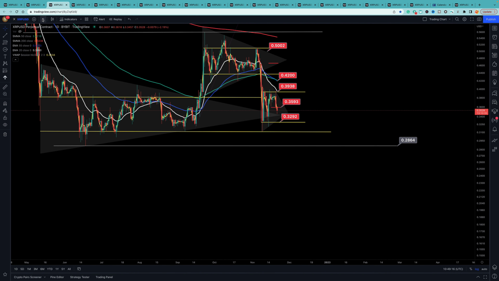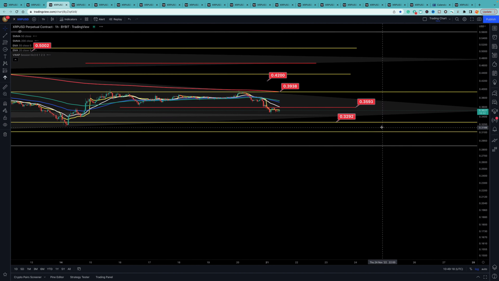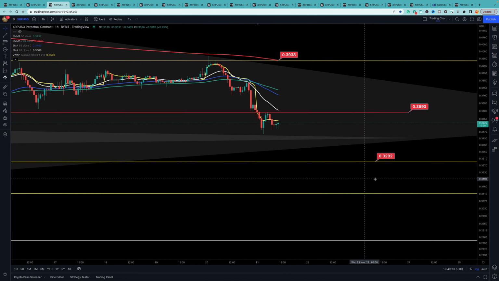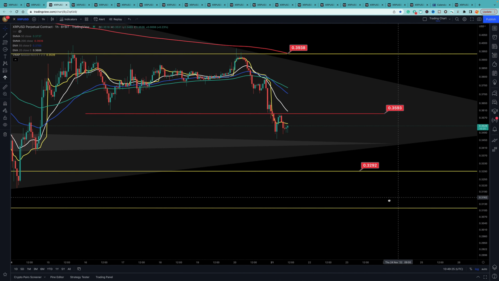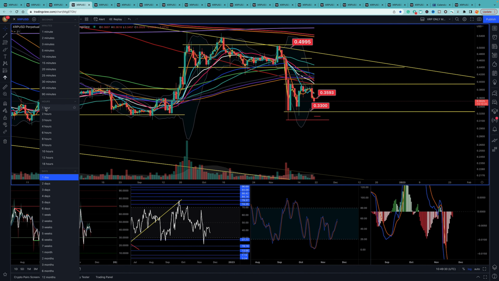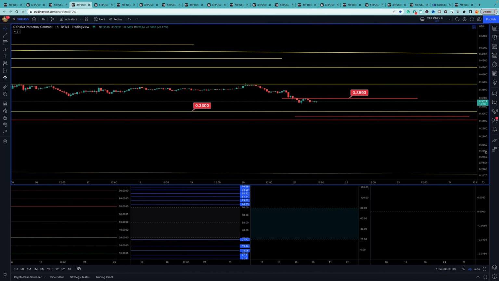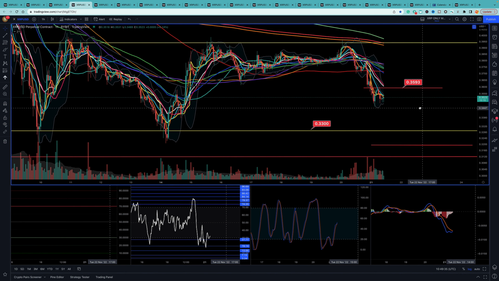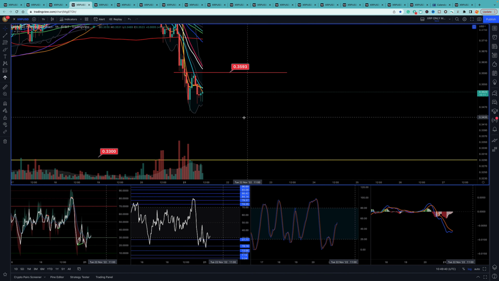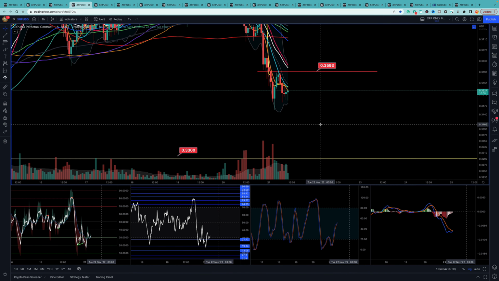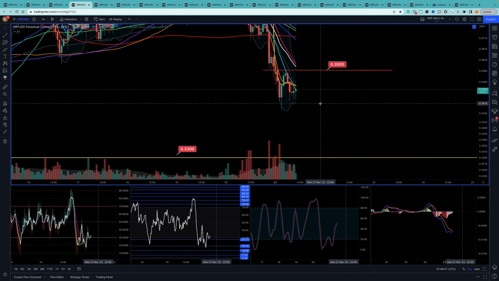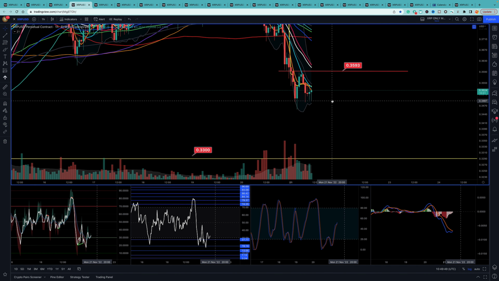That's me for now. If I zoom in, have a quick look here. So potentially this looks like it could be ready to go.